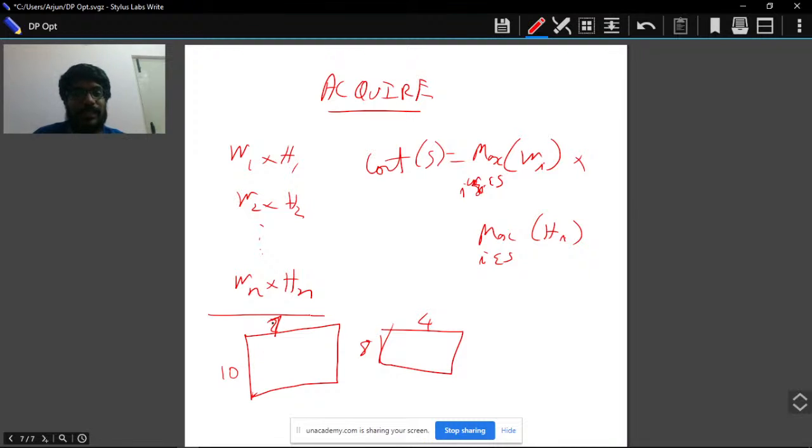Because this is max and this is max, so the actual cost is not going to change by including this 8 comma 4 in that set.